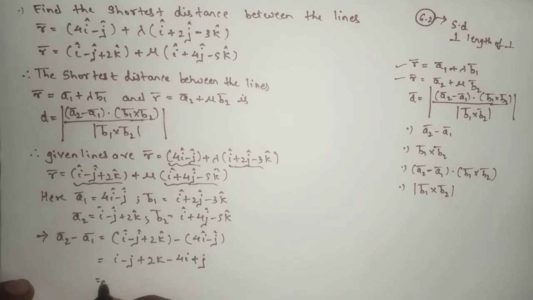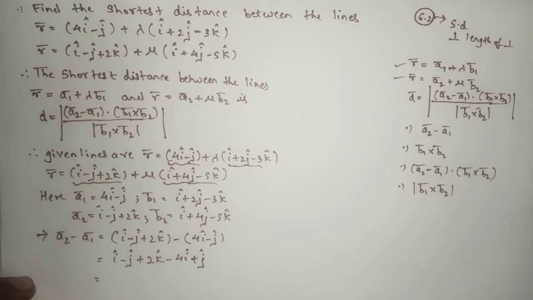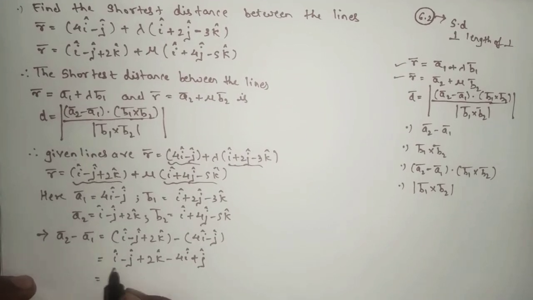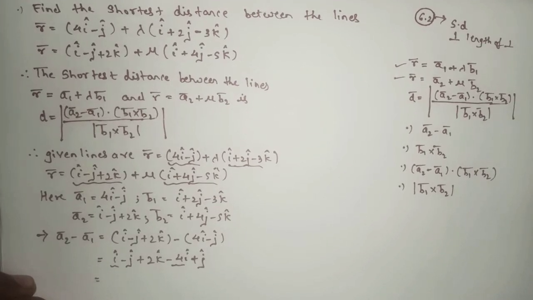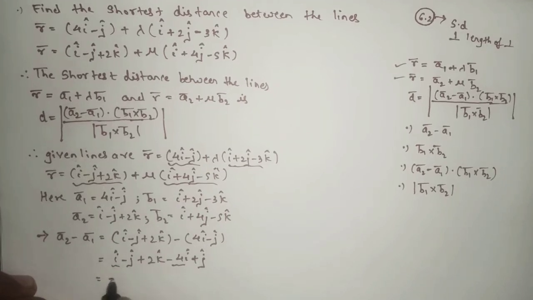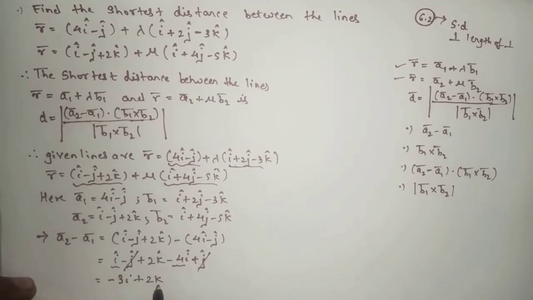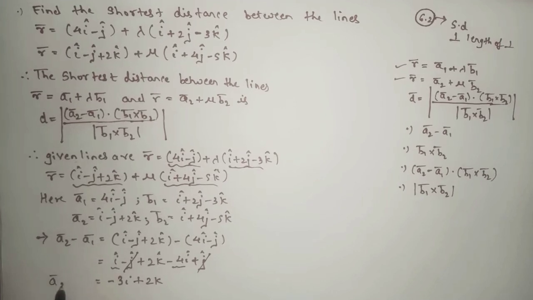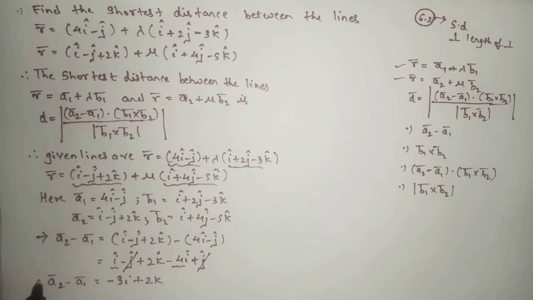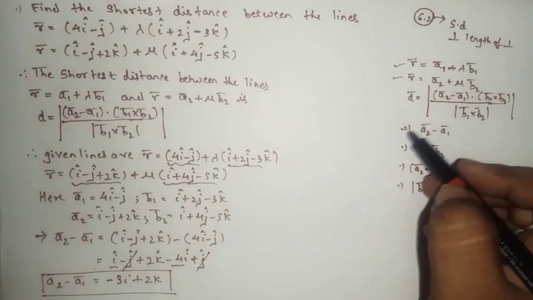Okay, so check the like terms. So i and minus 4i will be minus 3i. Plus j and minus j will get cancelled, and we are left with plus 2k. So here we got the answer for a2 minus a1. So done with the first part.